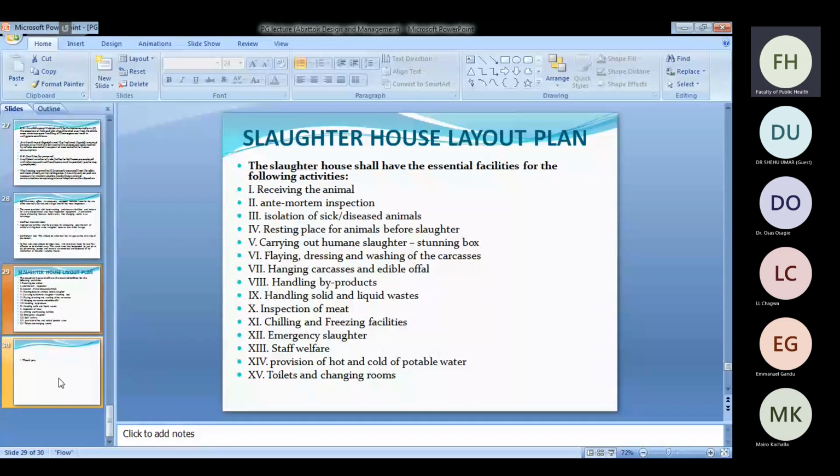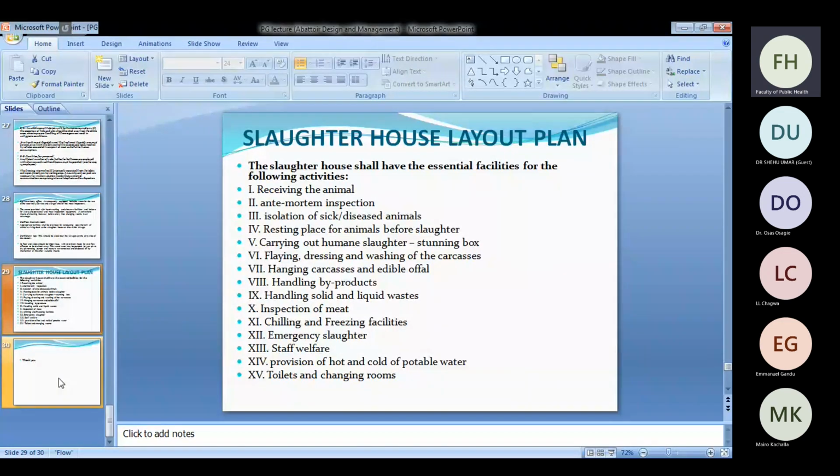We're supposed to have toilet and changing rooms. Is it obtainable in the abattoir in your own locality? Yes, sir. There is. That's very wonderful. In some places, people still do open defecation. It's a concern, and it's a challenge to public health.